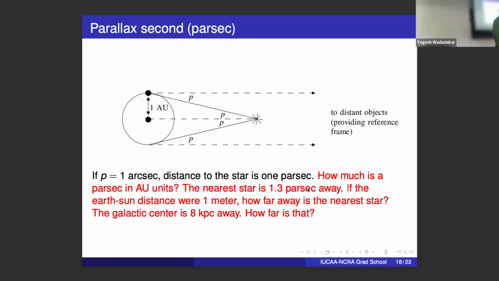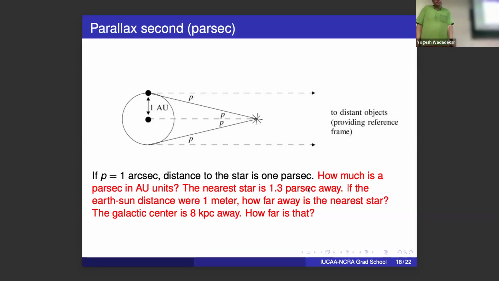So if I draw the sun here, and if I draw the Earth, let's say 1 meter away, then the nearest star is 260 kilometers away. That's how empty the galaxy is. Nearest star, not the farthest.